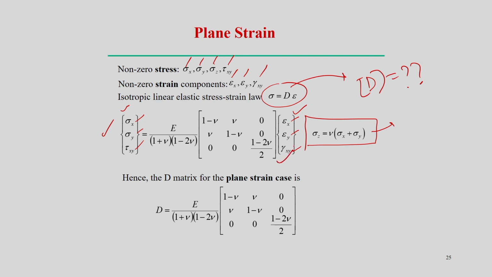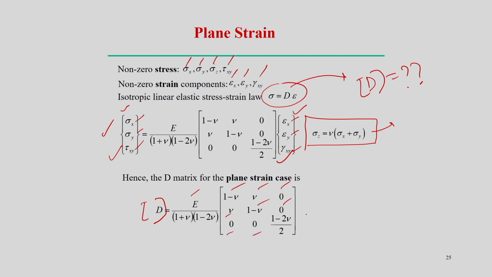The relation between them is by the D matrix. So in this particular plane strain condition, the D matrix can be formed in this particular form. D equals E over (1 plus nu)(1 minus 2 nu), and this is the position of the different elements of this particular matrix.